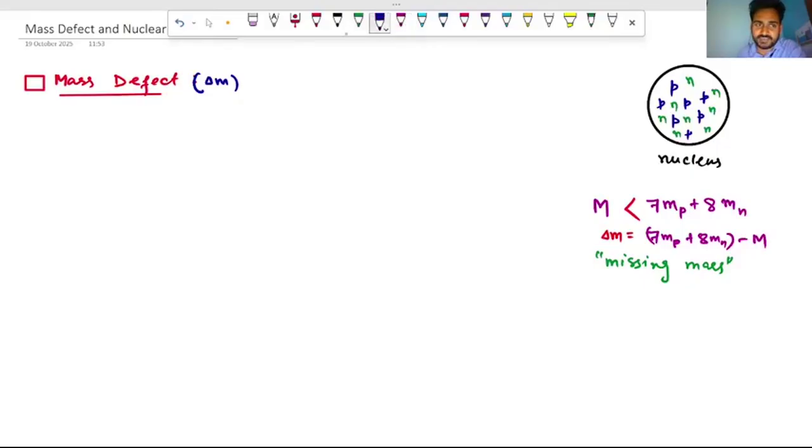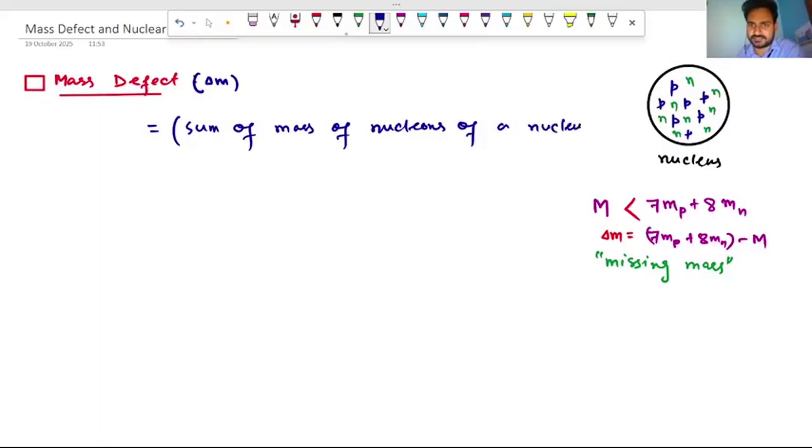Okay, so let us define it first. It is nothing but the sum of mass of nucleons of a nucleus minus mass of nucleus. This is mass defect, and we are naming it as missing mass.